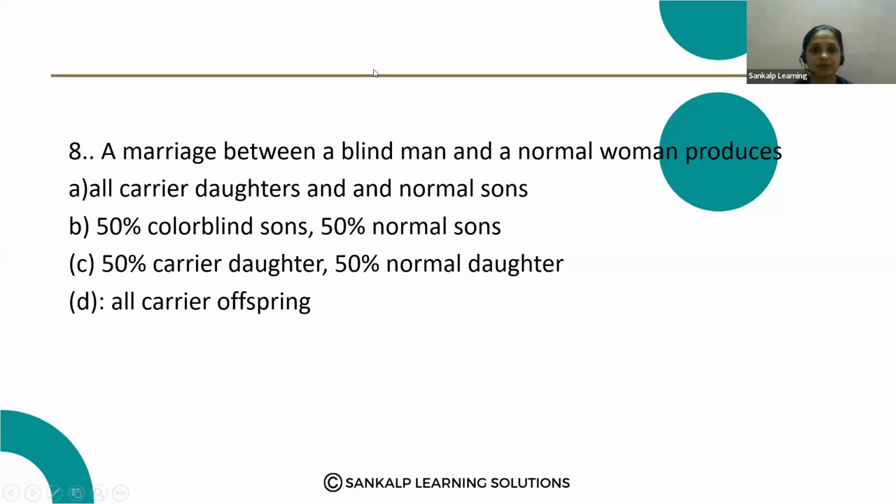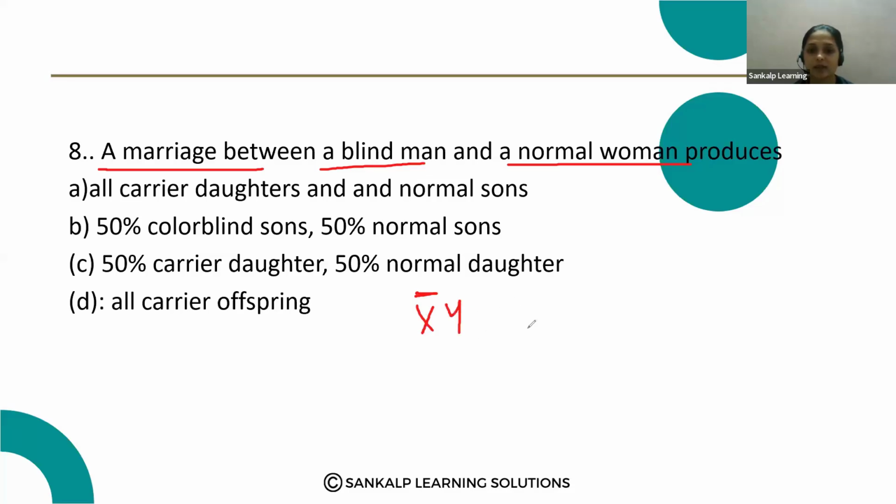Next question. A marriage between a blind man and a normal woman produces. Blind man means he has an X chromosome that is color blind, blindness related to the X chromosome.